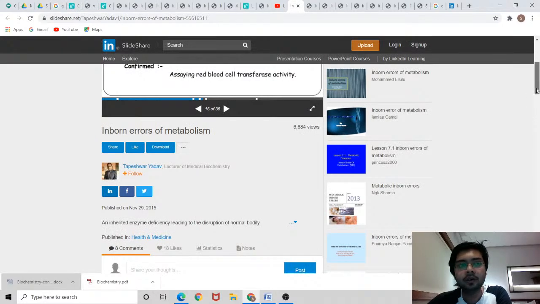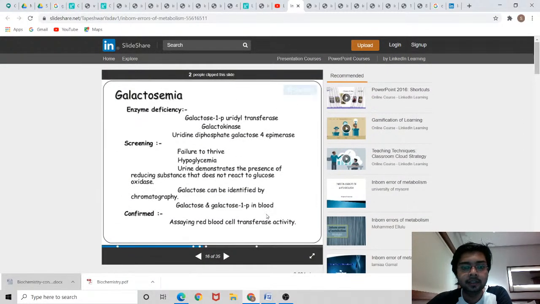And if we look at particular diseases, let us see about galactosemia. In galactosemia, your galactose 1-phosphate uridyl transferase is deficient, or galactokinase is deficient. What will you get?